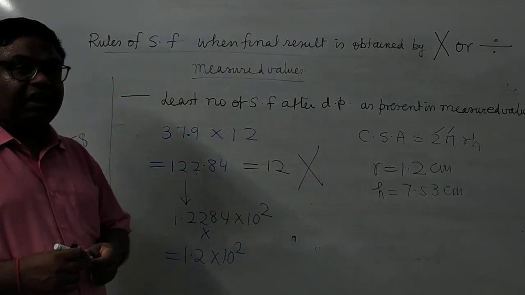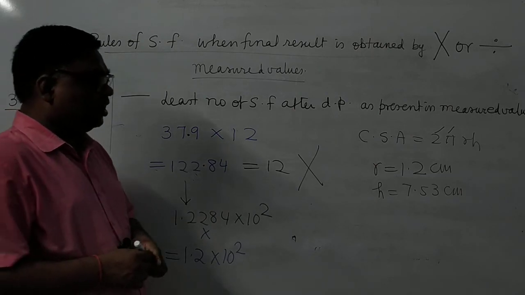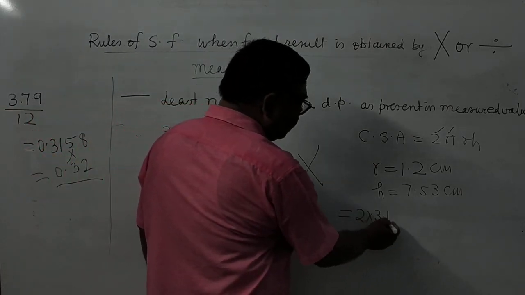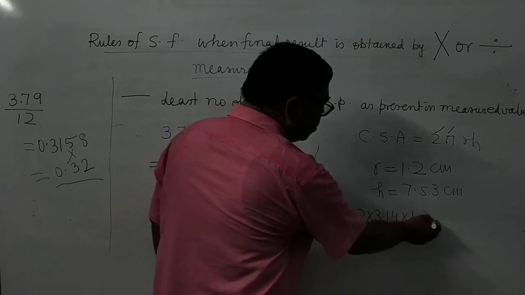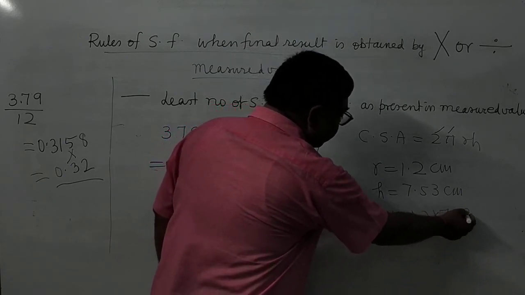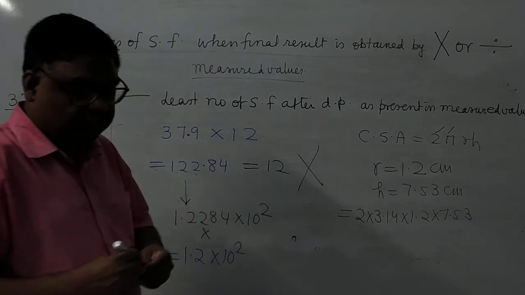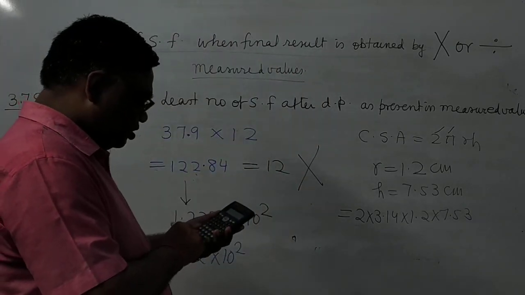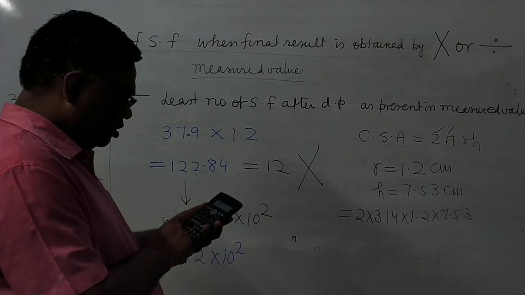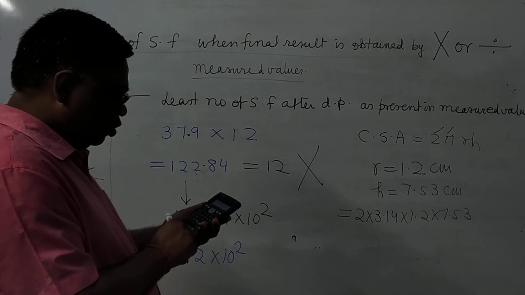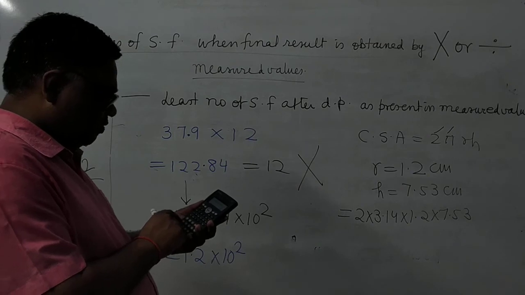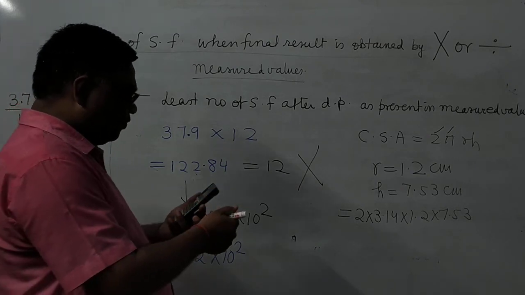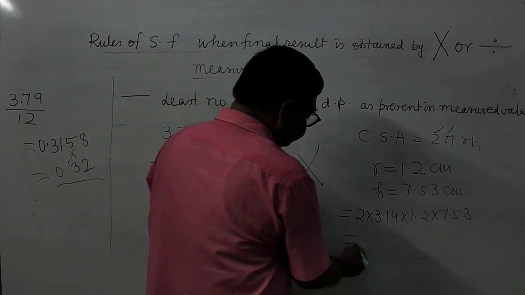So it will be 2 into 3.14 into 1.2 into 7.53. First multiply this: 6.28 into 1.2 into 7.53, so it is 56.74.